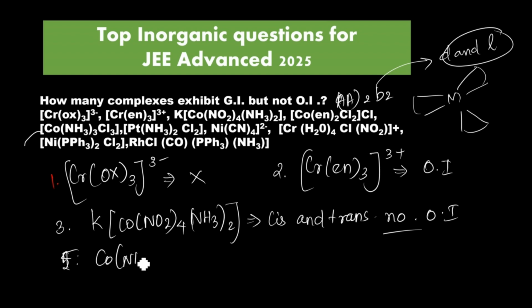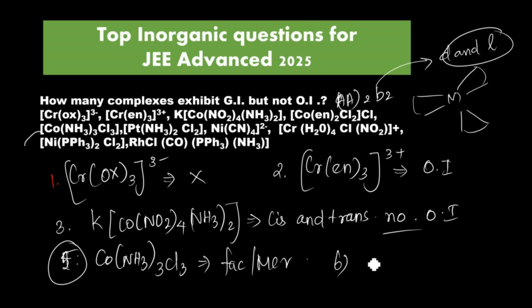A3B3 type, there is a special isomerism, that is facial and meridional isomerism, isn't it? And this can't exhibit any optical isomerism, so this can be counted. And the next one, the platinum complex, that is A2B2 type, which can show cis and trans, not the optical one. So that can be counted as well.